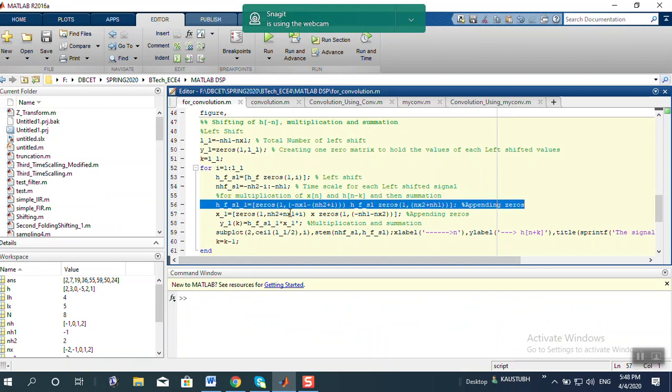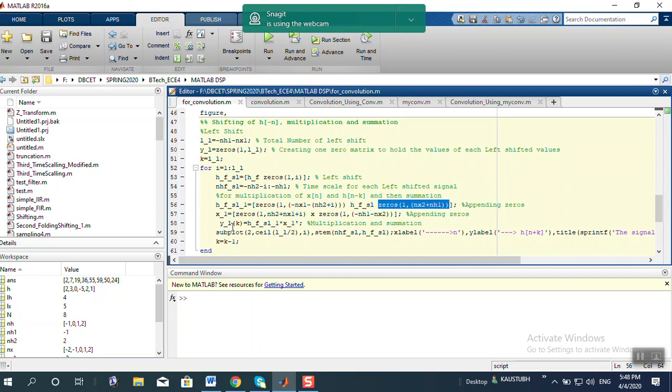So zeros 1 comma minus nx1 minus nh2 plus I, and the signal fs, the folded signal, that means this one. Then also a 0 on the rightmost.